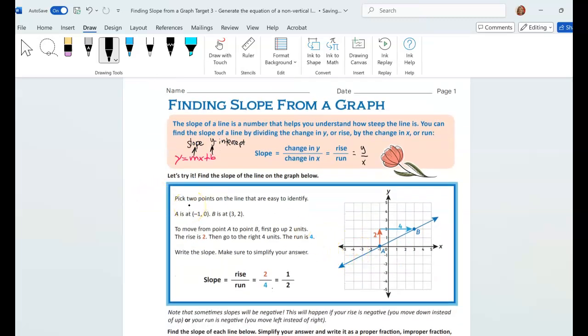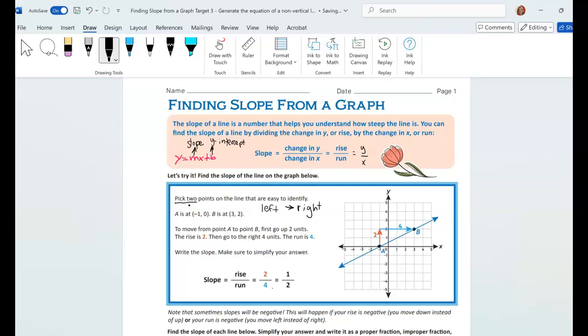Remember, picking 2 points, making sure that they move from the left to the right. I remember that. We just did that on the other exercise. So basically, they've picked 2 points already for us here.